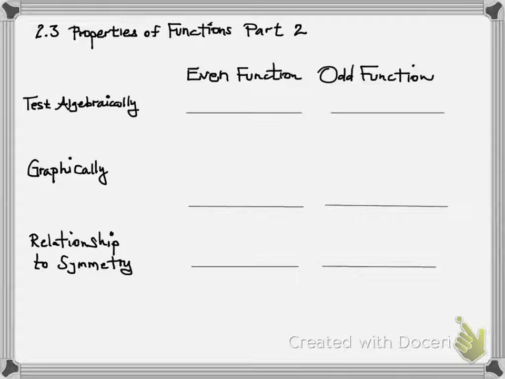Testing it algebraically first. All right, if we have an even function, it would look something like this, algebraically speaking. If you put the opposite value of x in, right? If you put a f of negative x, right? You put a negative x into the function, and you get the original function.